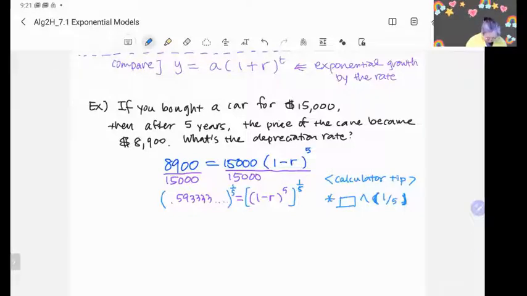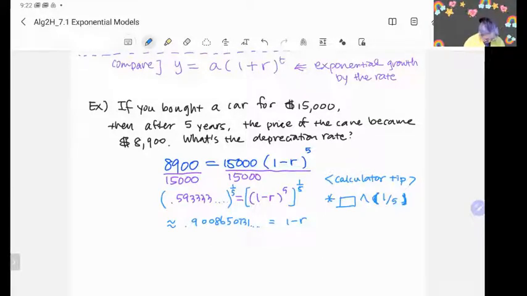Then you will have an approximation of 0.900865071 and so on. And finally, we can get 1 minus r out. Then all you have to do is be careful with the negative sign and subtract 1 from both sides, right?